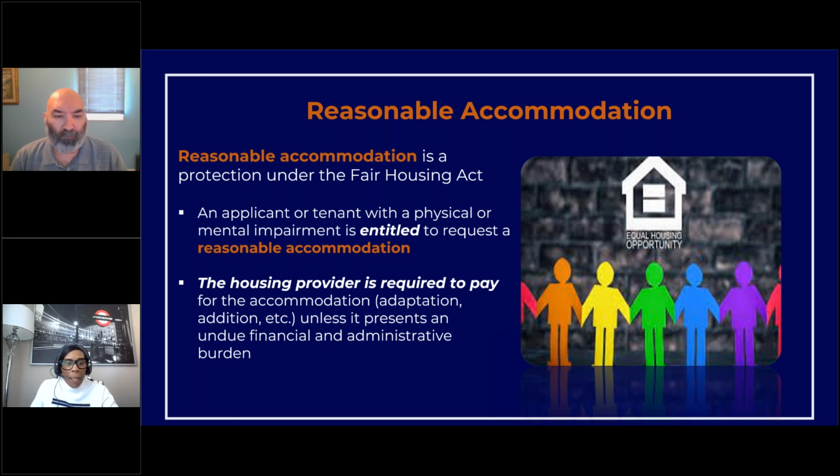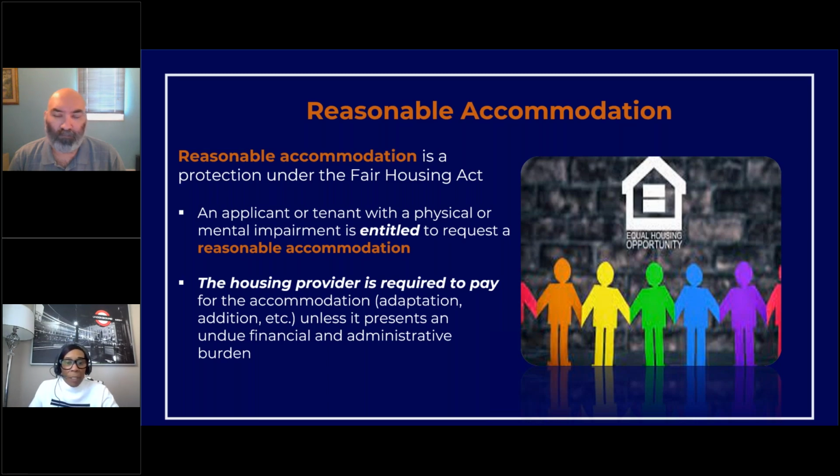And who can request a reasonable accommodation? An applicant can request a reasonable accommodation while they're doing their application. For example, if they know that they have a service animal and they're about to apply to a property that does not allow animals, they can request that reasonable accommodation in the application process. With a physical or mental impairment, you can also request it if you are currently a tenant.